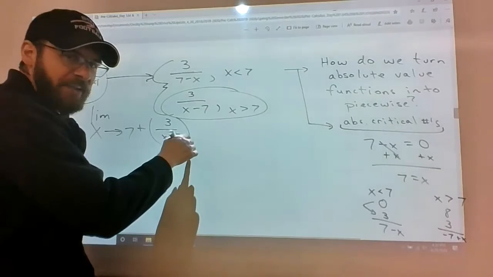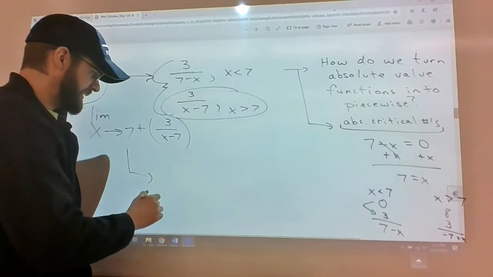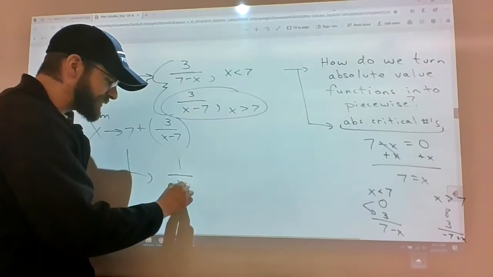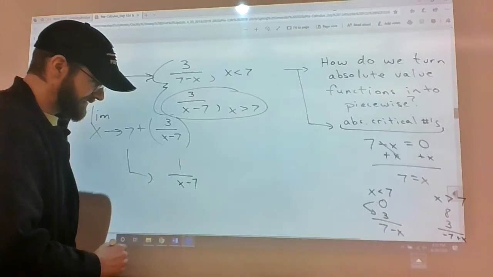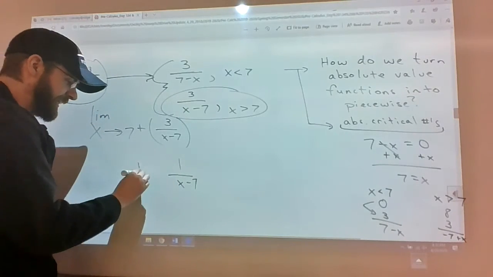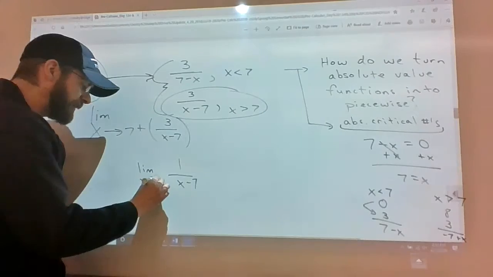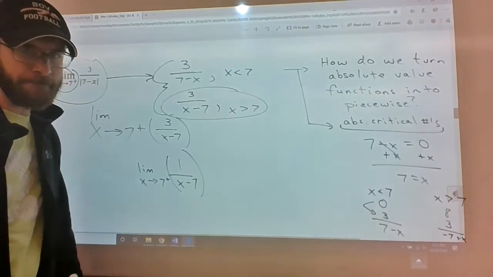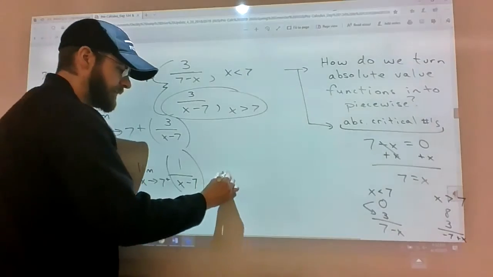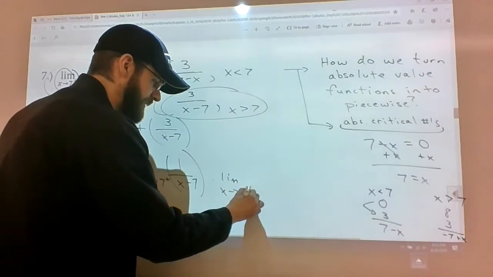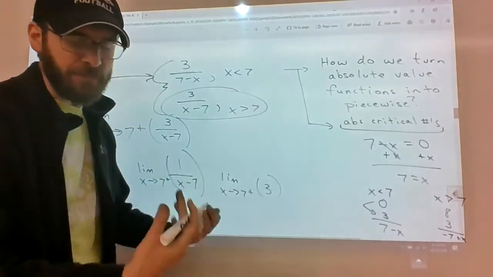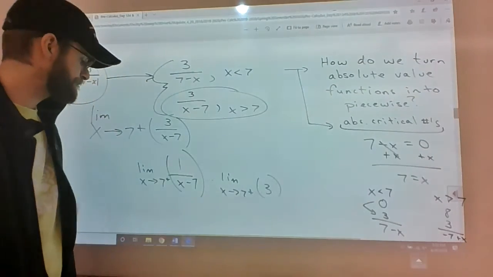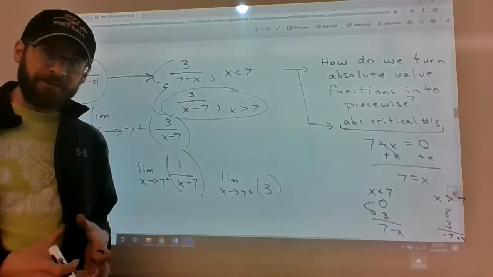We can rewrite this as 1 over x minus 7, the limit as x approaches 7 from the right of 1 over x minus 7 times the limit as x approaches 7 from the right of 3. Okay? So we're going to have an infinite limit here.